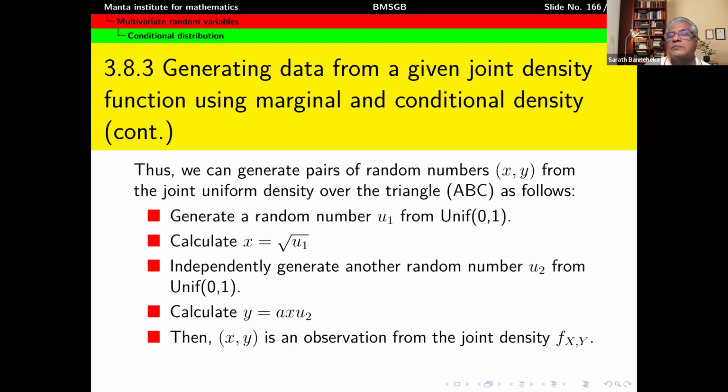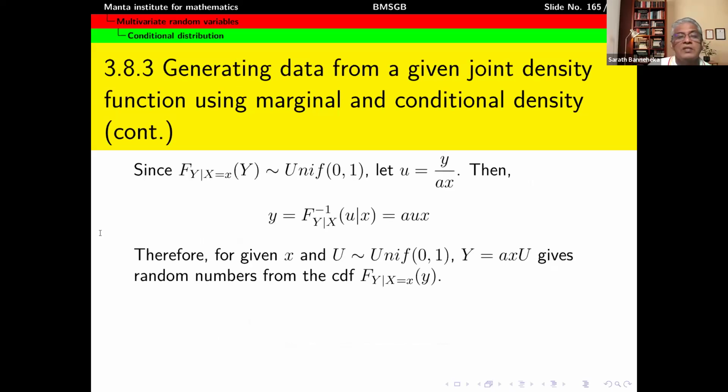And then, given that x, we can generate a y value with a given a, of course. Without giving a, we cannot do this. So for example, let's say a is equal to 2. So if a is equal to 2, now we have obtained x, generated the x using the marginal distribution of x, actually using the inverse CDF of x. We have obtained an x value.